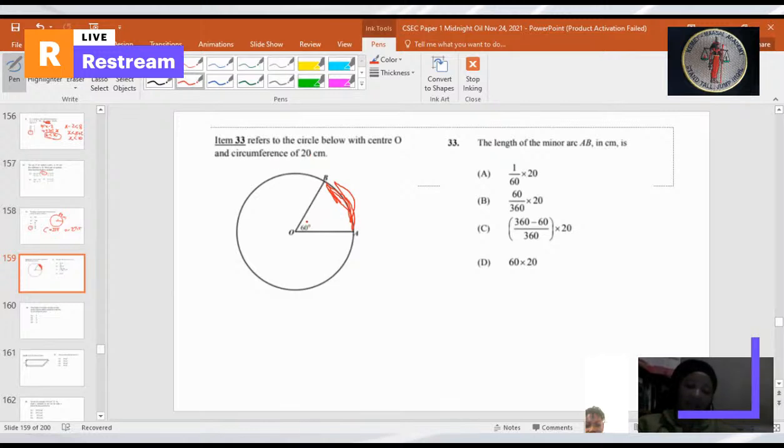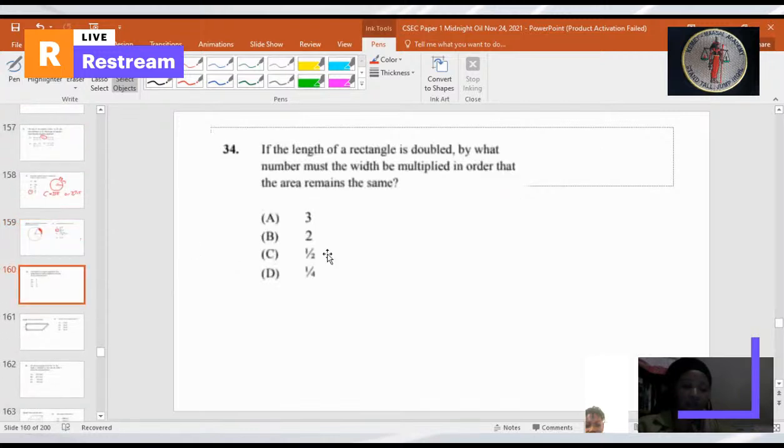And the angle here is 60 degrees. So it will be 60 over 360 times the circumference. So that's B. Do you follow? Yes, miss.